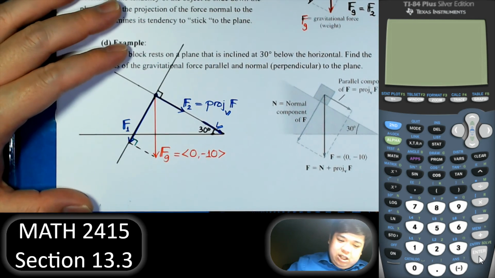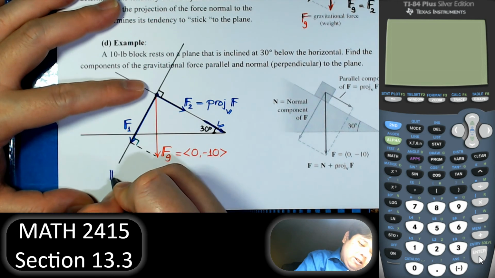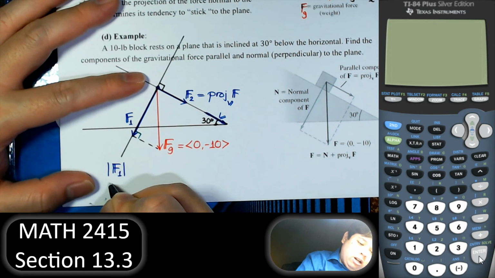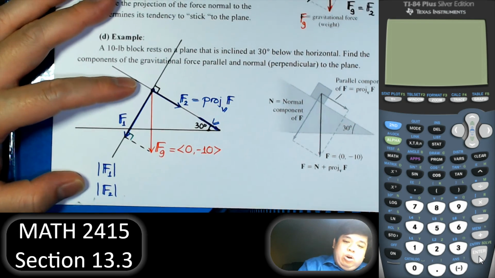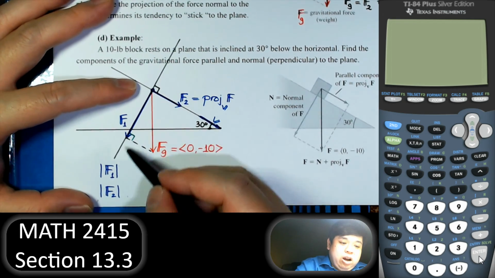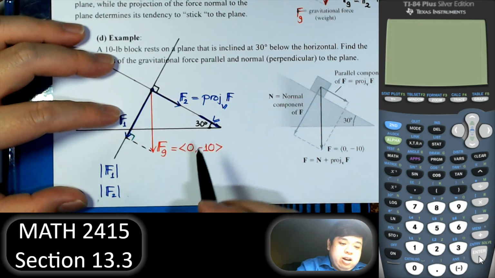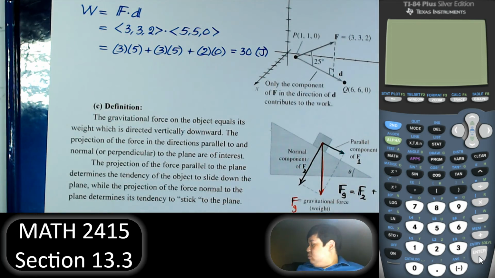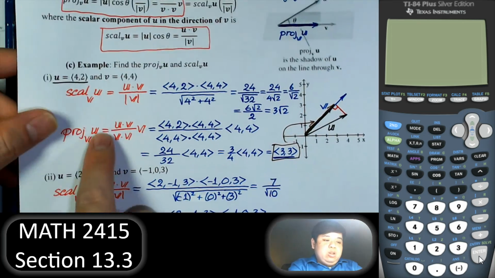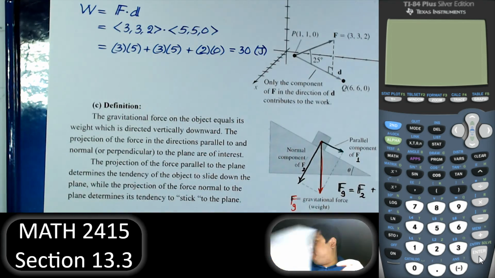Actually, we don't need to. In that case, we just say the force is the magnitude of F1 and the magnitude of F2. We don't need to write this as a vector. We just need to write the magnitudes of those vectors. Just do that instead of the projection.